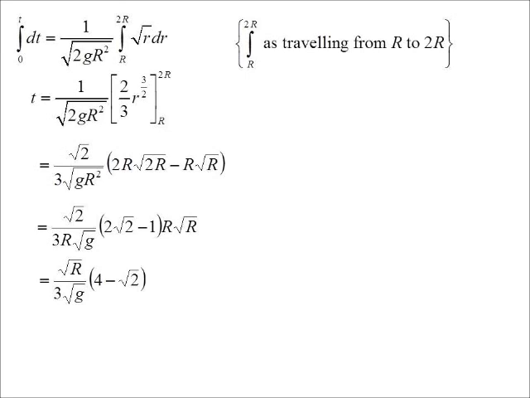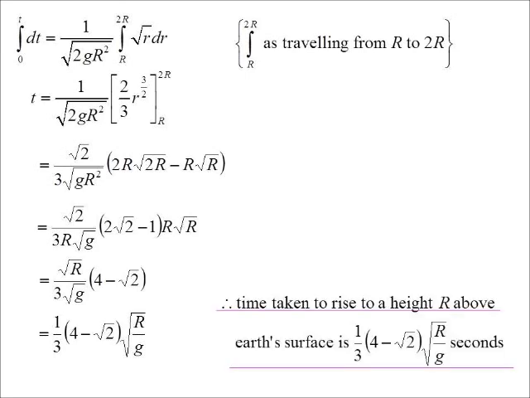And that got me 4 minus root 2. Are we getting close to what we're trying to prove? If I rewrite that, make it all 1/3, I get root R on G. I think that was it. Okay, so we have proven what it is they asked us to do. Time taken to rise to a height.